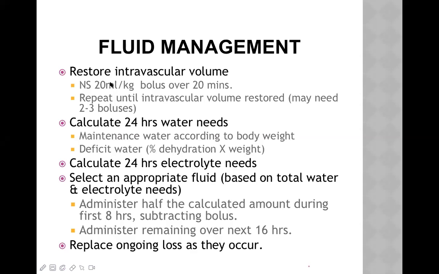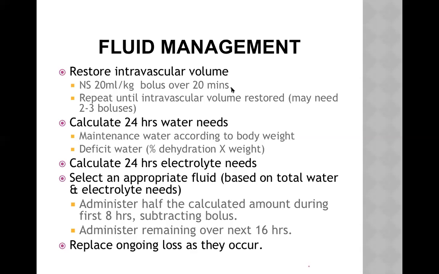The first thing is to restore intravascular volume, and that is done by giving crystalloid like normal saline or lactated ringer at 20 ml per kg bolus over 20 minutes. This is called a bolus. We give it very fast over 20 minutes. So this is the first thing.